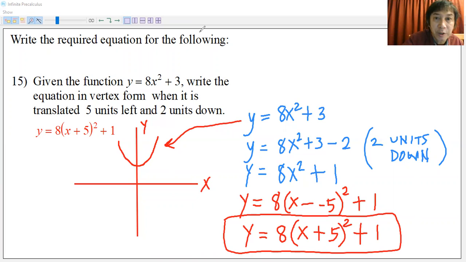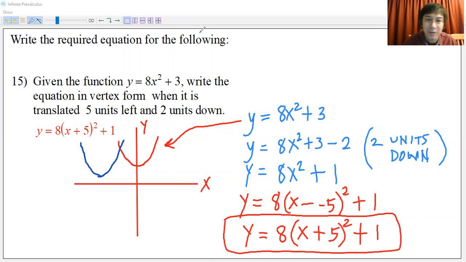So it will be somewhere here. The graph will be at negative 5, 1, so that should be like that: negative 5 and up by 1. Take note, it went down by 2.